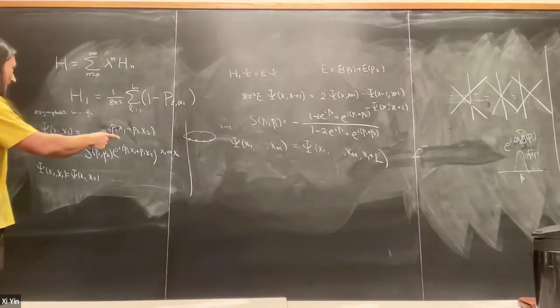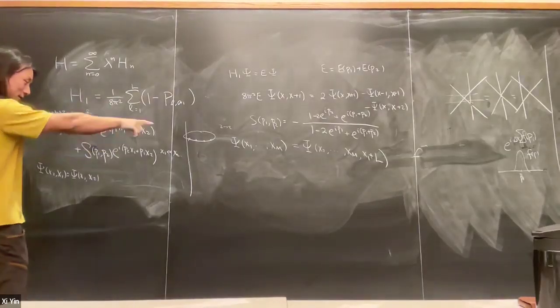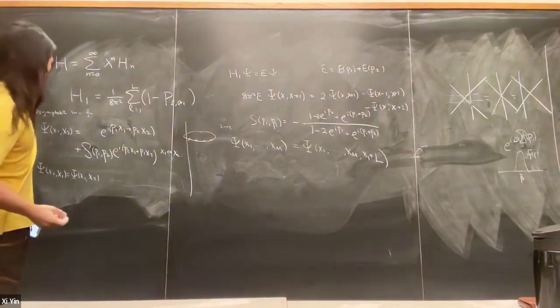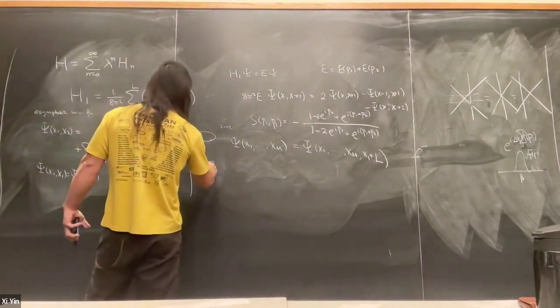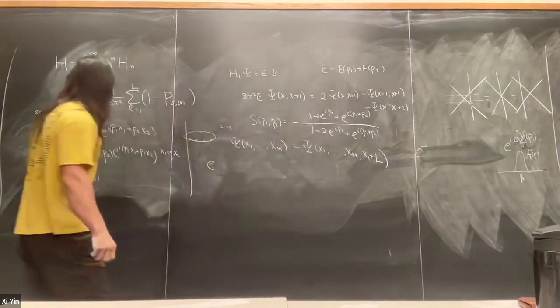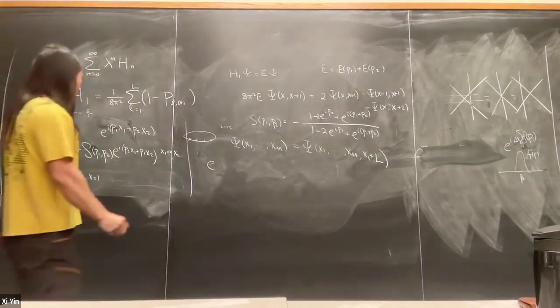Now, if you just literally plug this asymptotic wave function into that periodicity condition, you find a relation, because on the right-hand side this x1 is going to pick up this dependence.